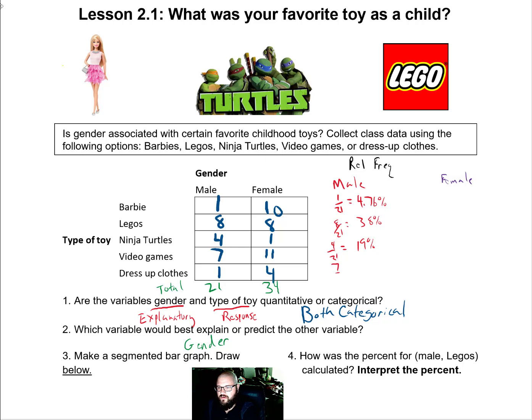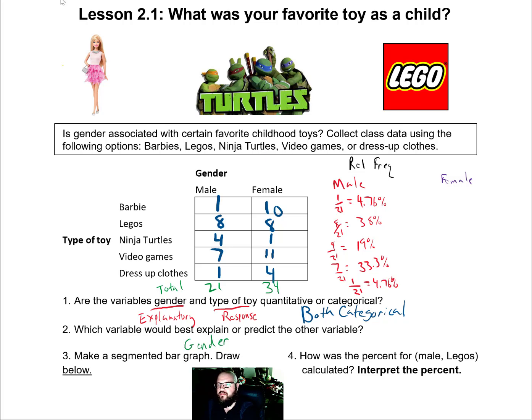And 7 out of 21 for video games, which gives us 33.3%. And the dress-up clothes, well, we've already done 1 over 21. We know that's going to be 4.76 again. So I'll write it down here again just so no one gets confused, things we skipped over. So 1 over 21, which is 4.76%. Alright.